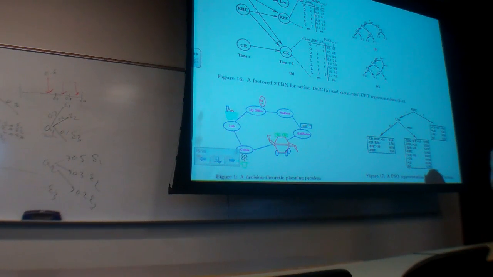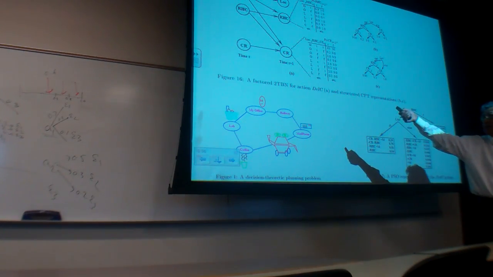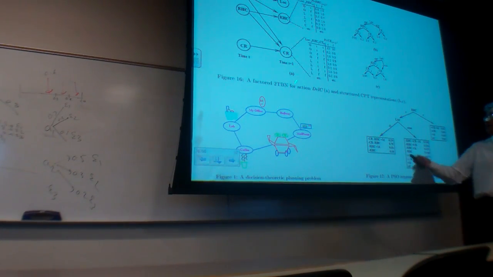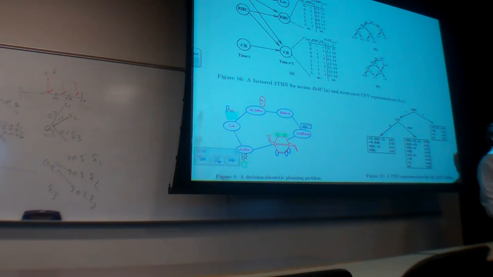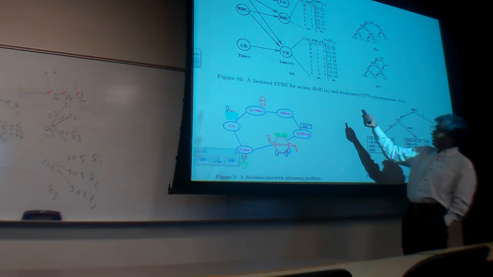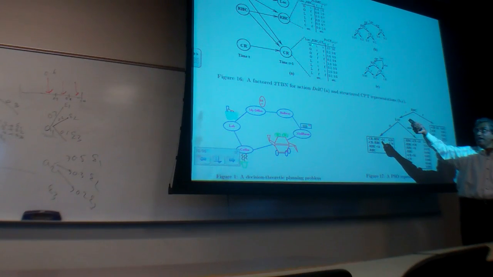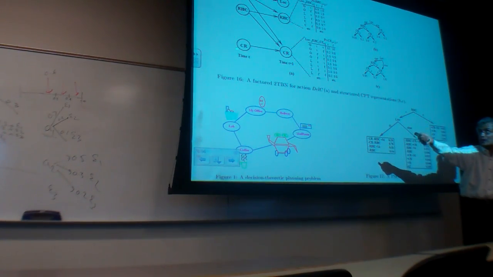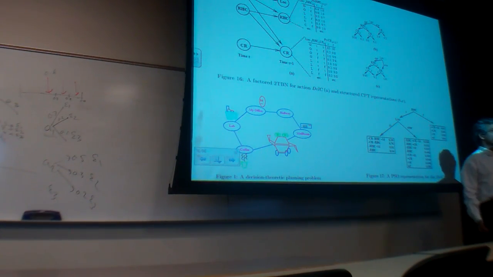In this case, the immediate parents are from the previous time point. So that's LOC, RHC, and CR. So here is my CPT. Now, CPTs themselves are extensional in this case. You basically give every possible configuration over these variables and the probability that CR will be true and the probability that CR will be false. That's what you do.